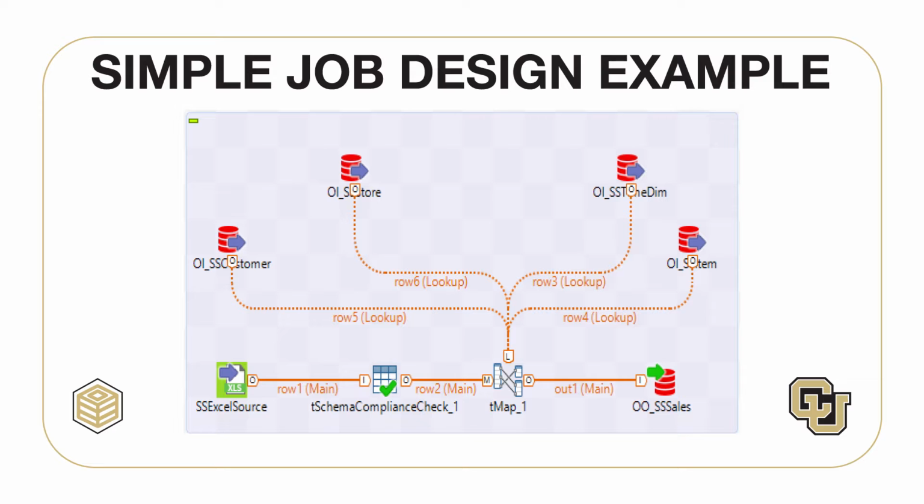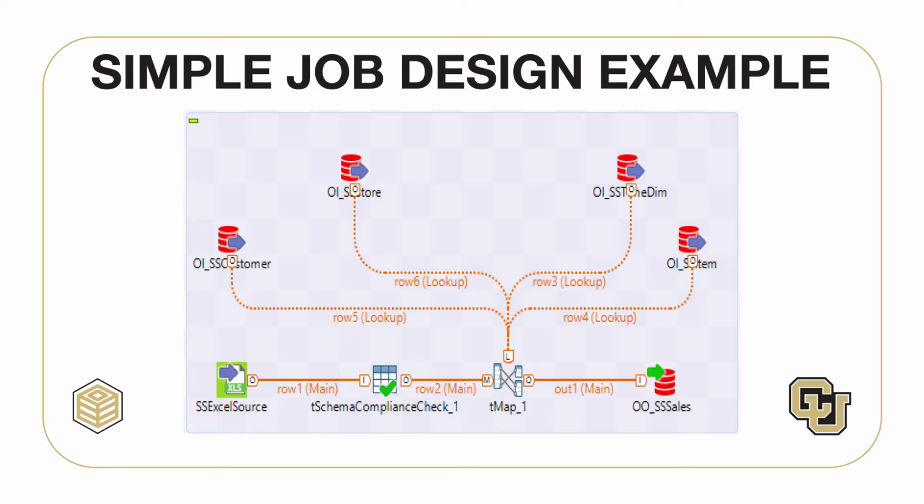For more concrete details about Talend job designs, this snapshot depicts a job to load an Excel file into a fact table. A job design involves a number of components connected by data flows. This job design transforms input records from an Excel file, that is SS Excel source, to load into the Oracle table, SS Sales, the fact table of the store sales data warehouse.